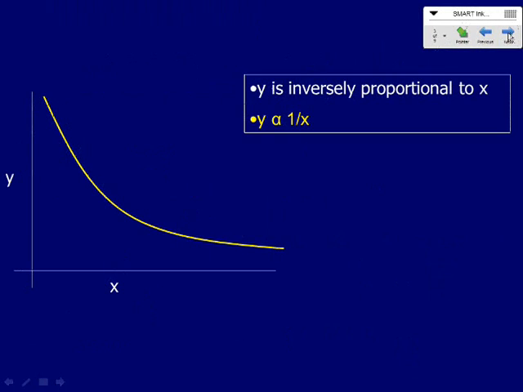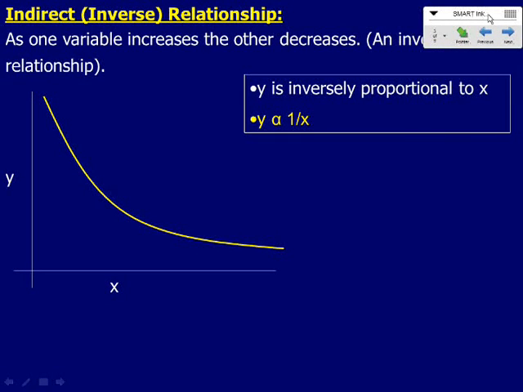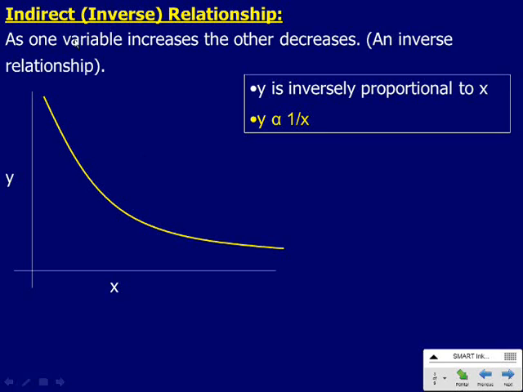The next relationship that we possibly can run into is indirect. And again, there are many indirect relationships, but the specific one we're going to look at is inverse. For all indirect relationships, as one variable increases, the other one decreases. It's indirect.